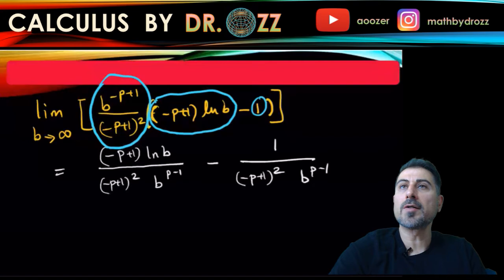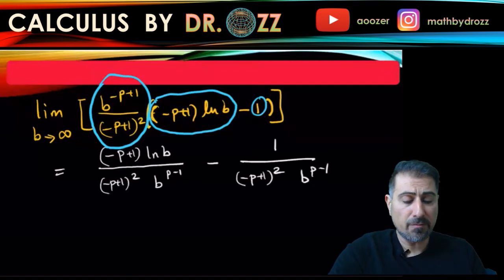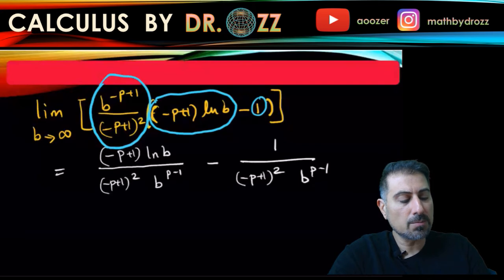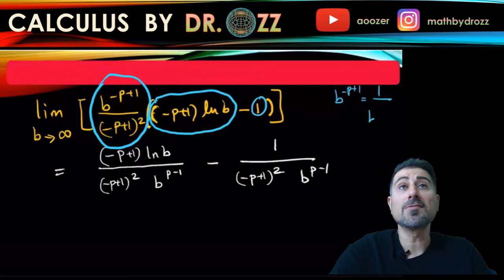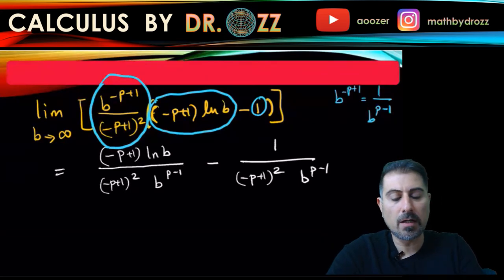So I just split that part, and I just write this in a very clean way. And whenever I see b to the minus p plus 1, I write it as a reciprocal, 1 over b to the p minus 1. All right, so that's from this line here to this line.